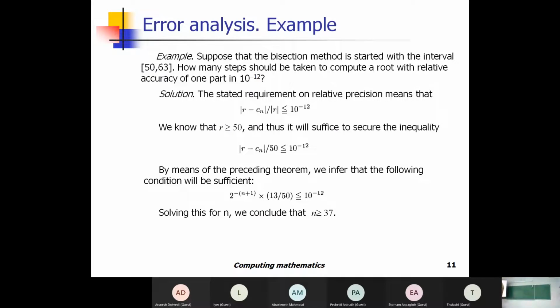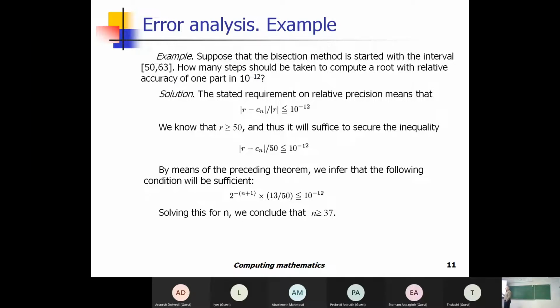The solution is written here. Again, let's denote R as a real root, and Cn is an approximation that we get on the step number n. R minus Cn is the absolute error.